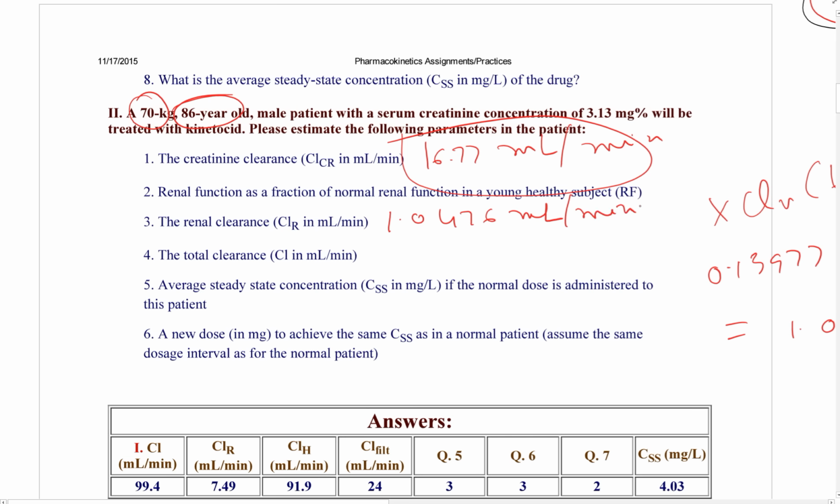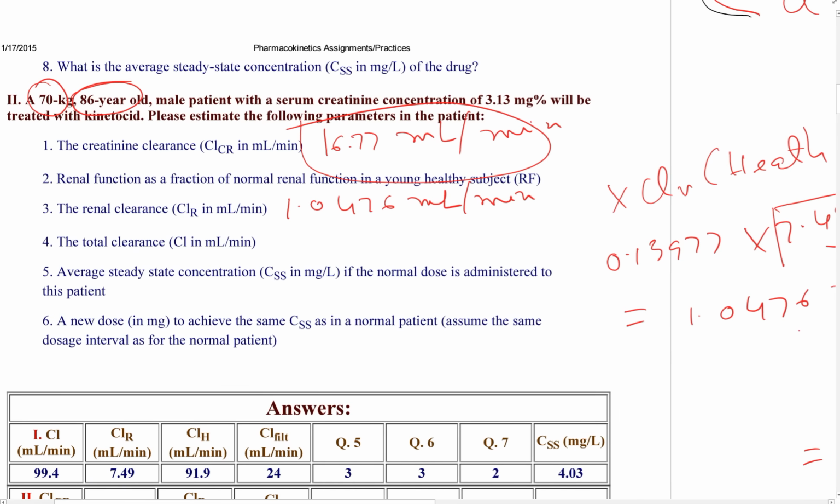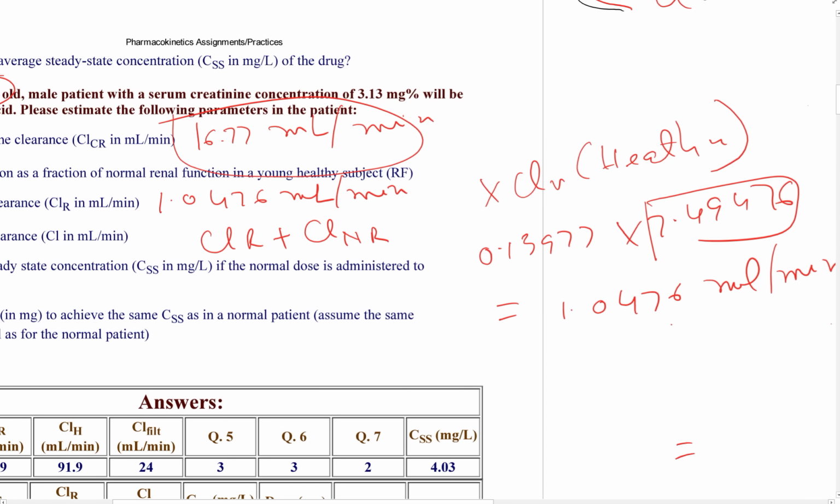And the total clearance would be what? CL total is renal clearance plus non-renal clearance, and we have calculated non-renal clearance above.